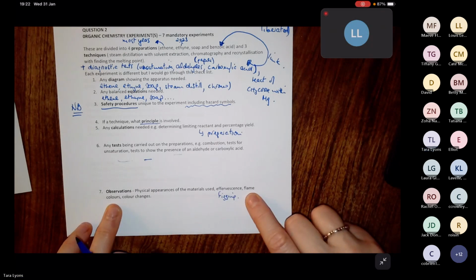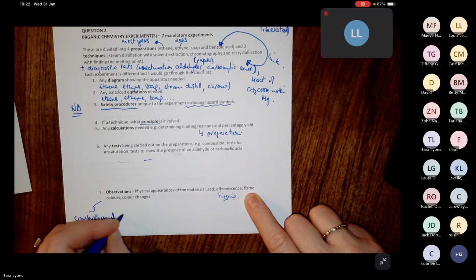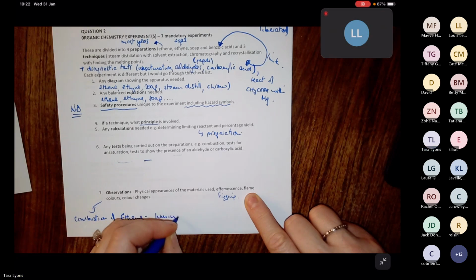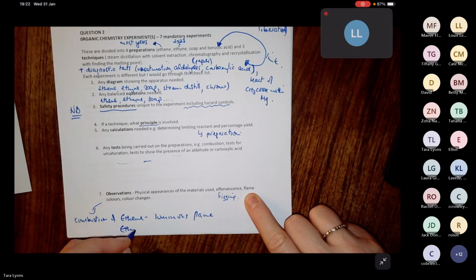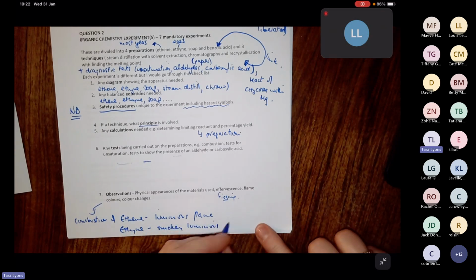Flame colours. So things like when you combust ethene, we get a luminous flame. But when we combust ethine in air, we get a smoky, luminous flame. Now, we don't have to know the flame for everything, just for those two.